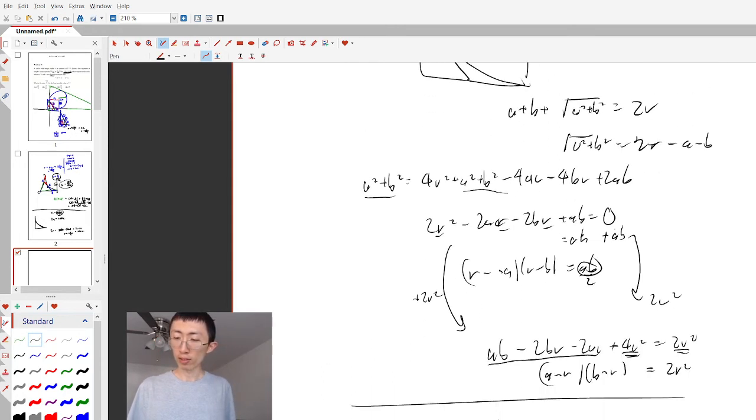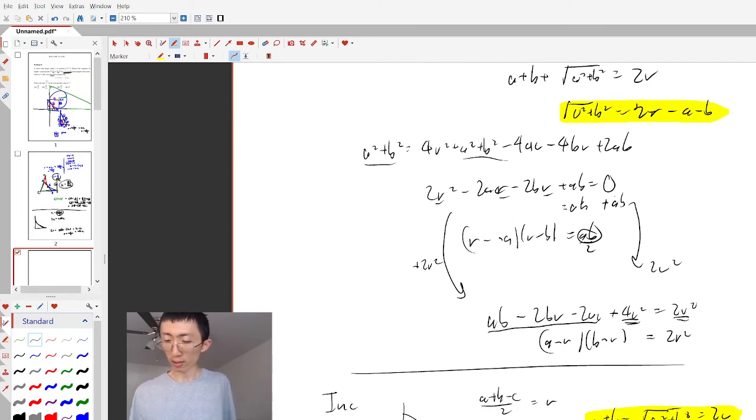So let's just highlight them. So if you square both sides, the only difference is that there's a negative here and there's a positive there. So when you square both sides, you get the same equation. And there might be some extraneous solutions, because our conditions are that R, A, and B are positive integers.